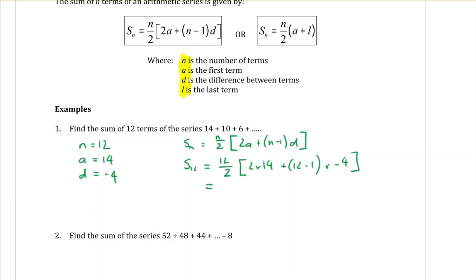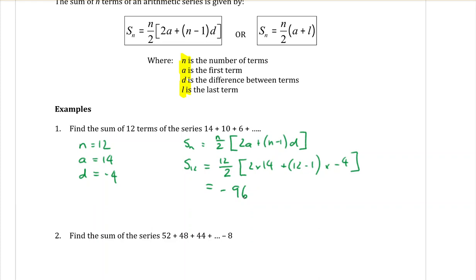You can do that in steps if you like, or you can type that straight into your calculator. That's what I've got written down. Minus 96. So I guess that's because we're going down in that sequence, and pretty soon we're going to hit negative numbers. And when you do 12 terms, there's far more negative numbers in there than positive ones. We've got a negative sum.